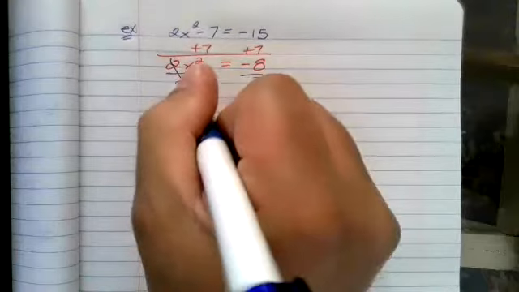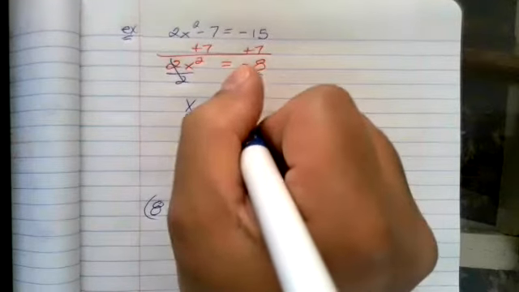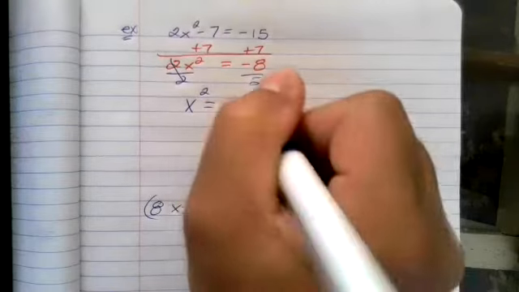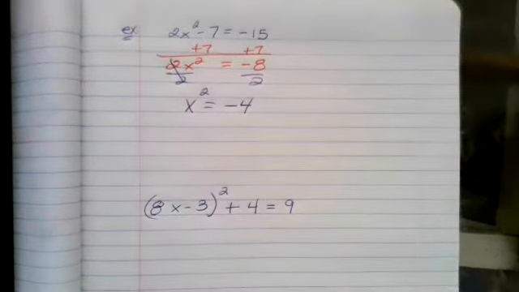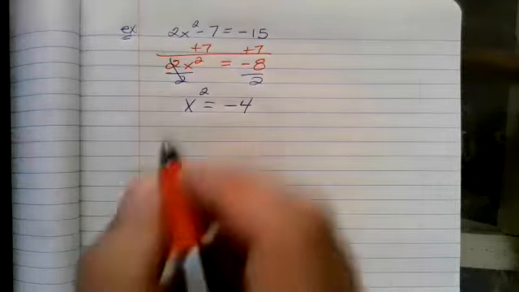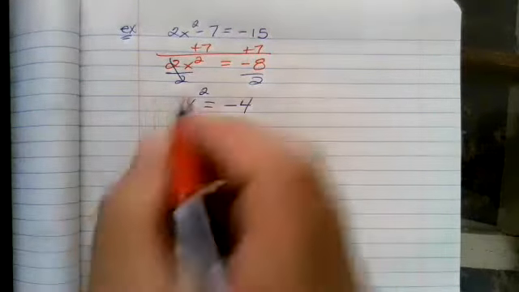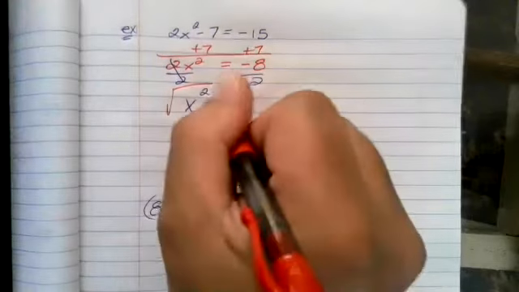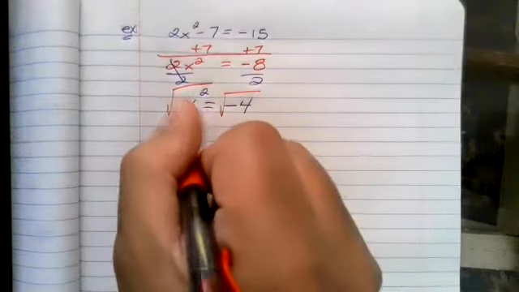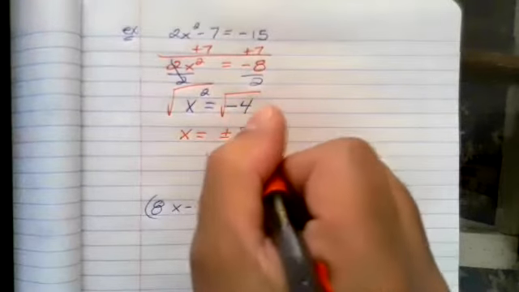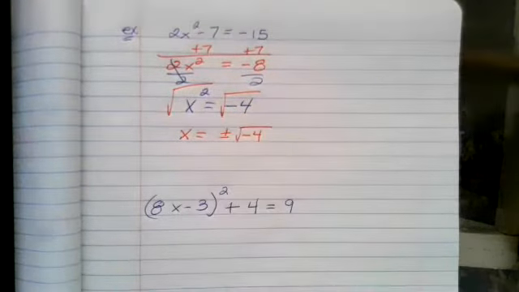So I have x squared is equal to negative 4. I want to get x by itself. I want to get rid of this square, so I'm going to take the square root of both sides. So I'm going to have x is equal to plus or minus the square root of negative 4.